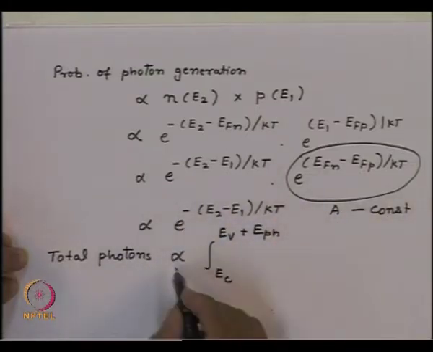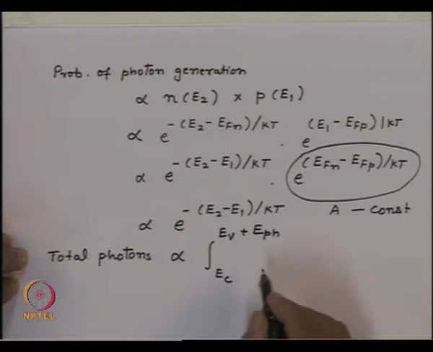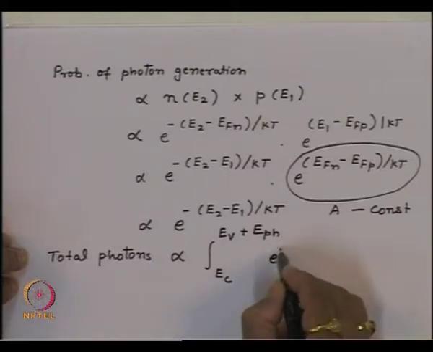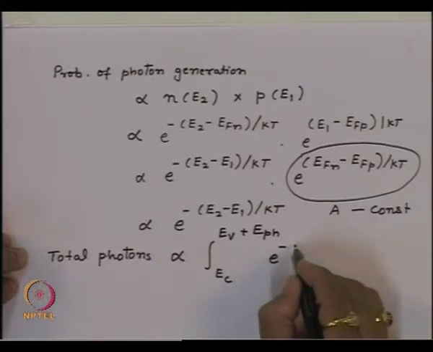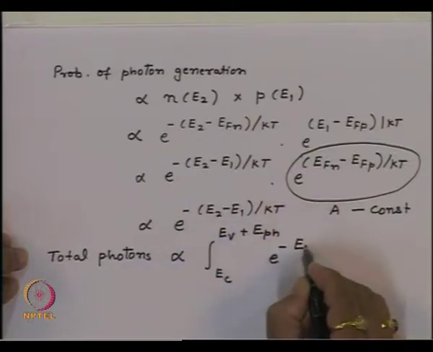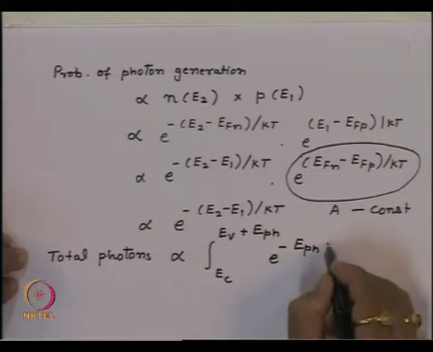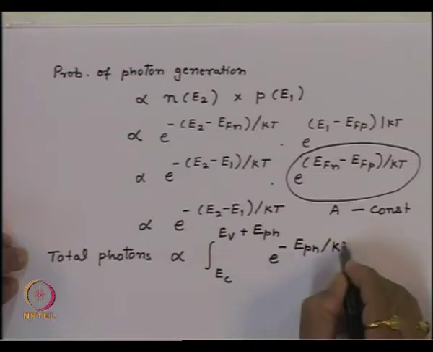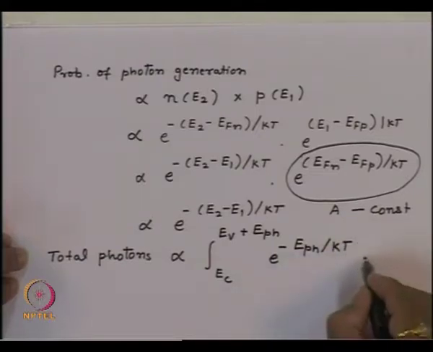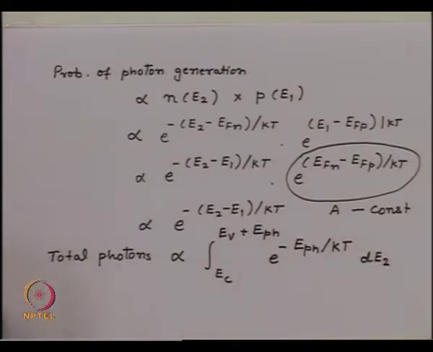There is a constant here which goes into the proportionality constant. So this is e to the power minus (E2 minus E1, which is EPH) divided by kT. We are integrating with respect to E2. This quantity is constant, which we can take out.